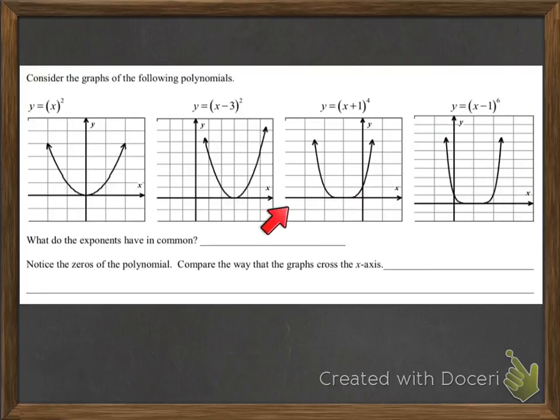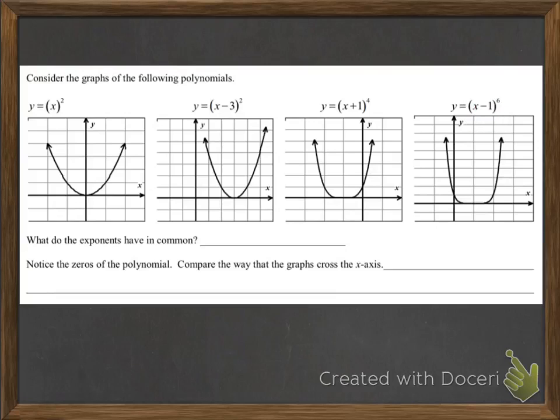Now if you just visually look at the difference between these graphs, you can see that when you start increasing your exponent larger than a 2, the bottoms of these curves start getting a little bit more flat, and you can see that the steepness of the curve increases. So these curves become much more steep when that exponent is increased.